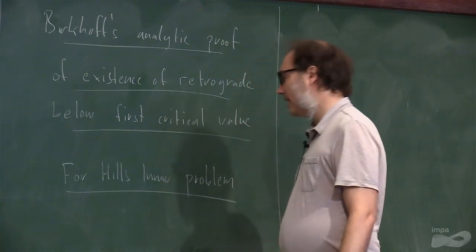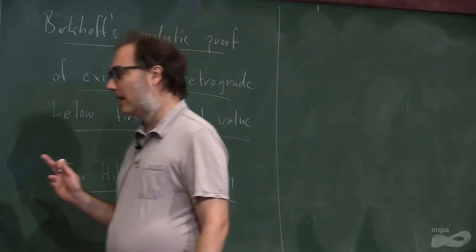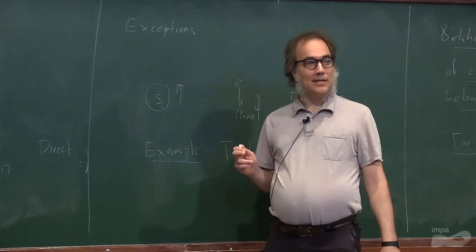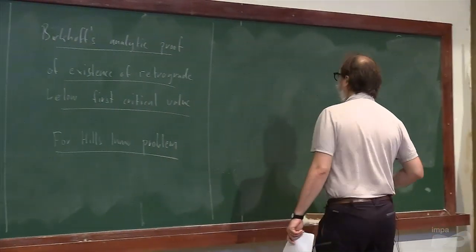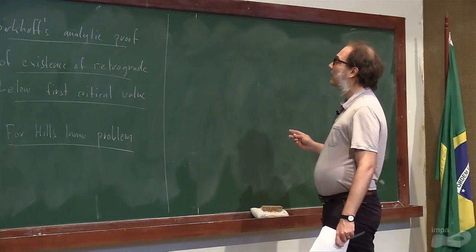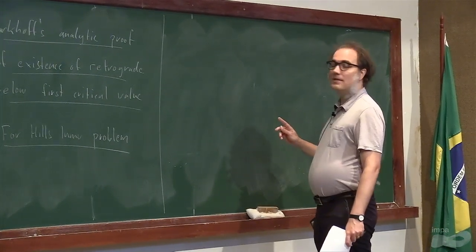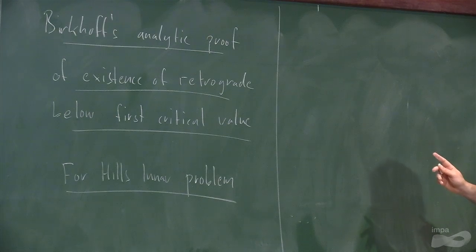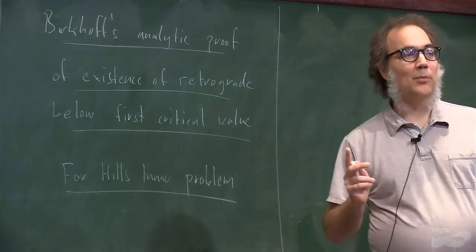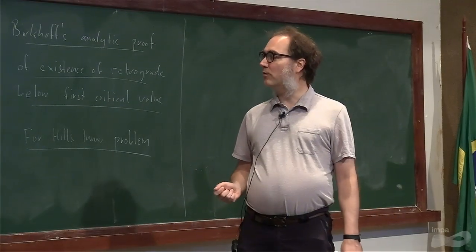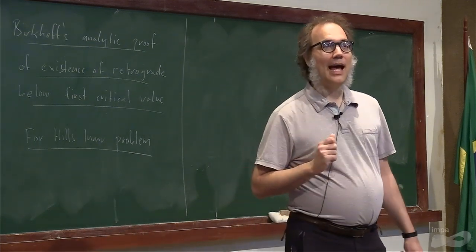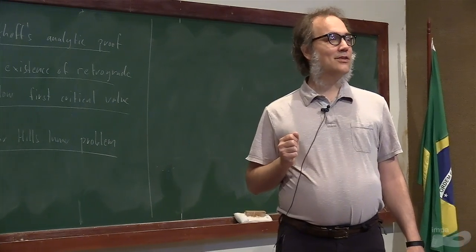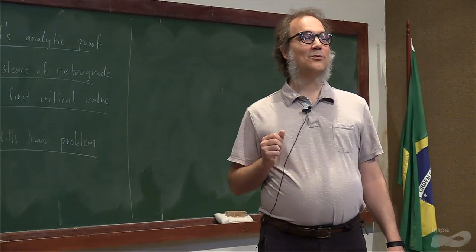Maybe let's add some more information about this Hill's lunar problem. So what are critical points and critical values in Hill's lunar problem? That's a question for you. Can you figure out how many critical points should be in Hill's lunar problem?